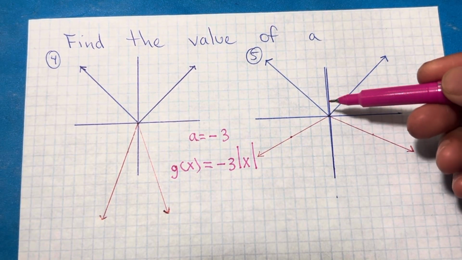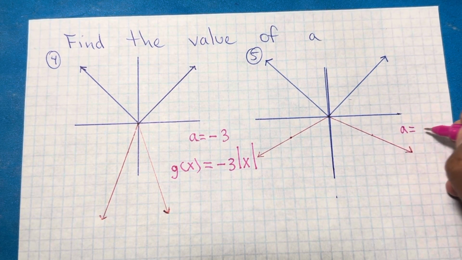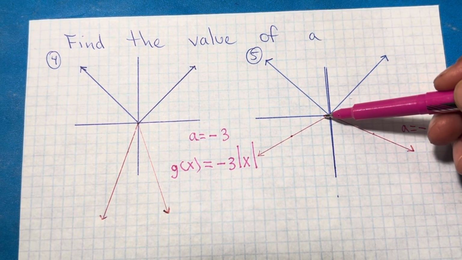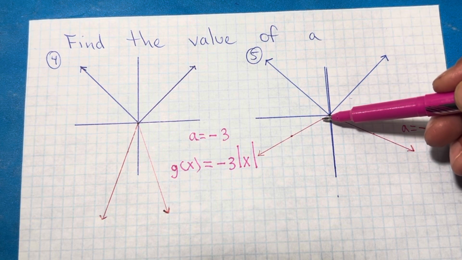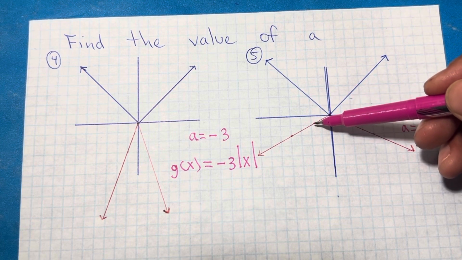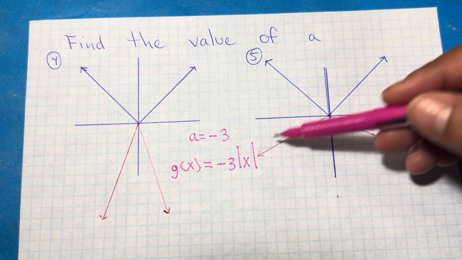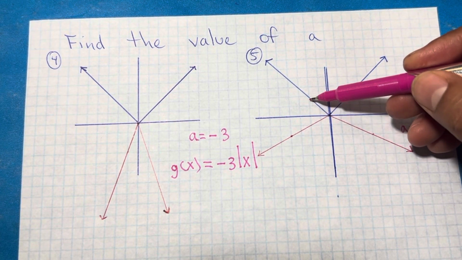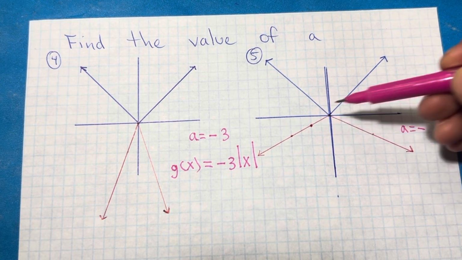For the next one, the fact that it's going down again, I know that a will be negative, but then I analyze the values of y. In here, well, it looks like a fraction. I look at ones that are in the corner, like in here and in here and in here. And so I look at those values. For y, the value here was 2, and now it's 1.